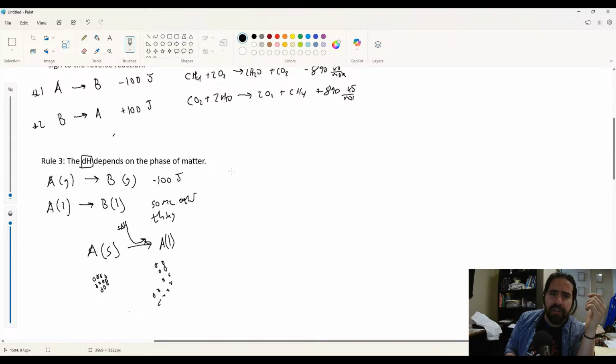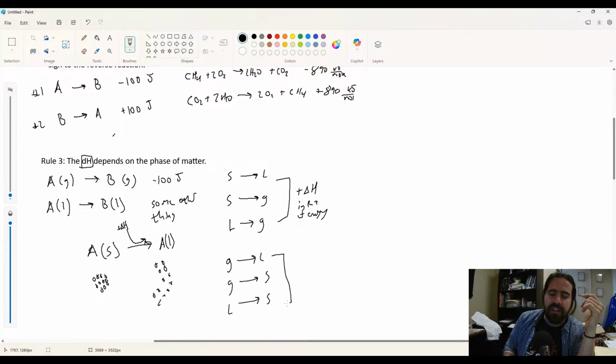Similar type of thing. Any transition from solid to liquid, from solid to gas, from liquid to gas, all of these require input of energy, plus delta H. On the flip side, anytime we're going from a more disordered form of matter to a more ordered form of matter, like going from gas to liquid, from gas to solid, from liquid to solid, all of these are going to require the atoms or the molecules to not be moving around as much.